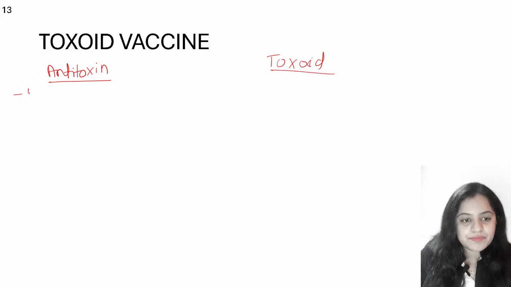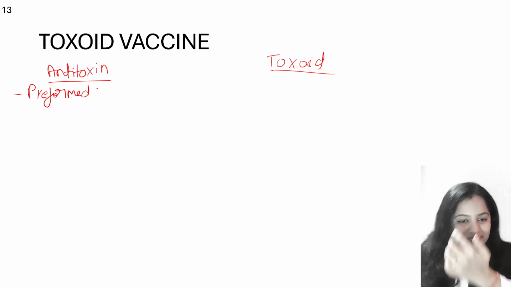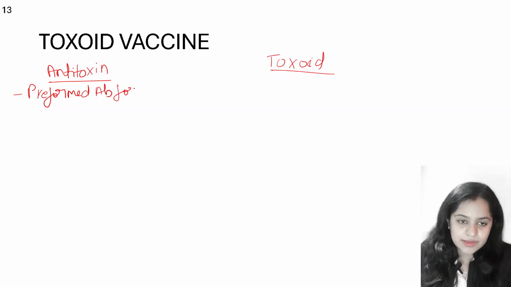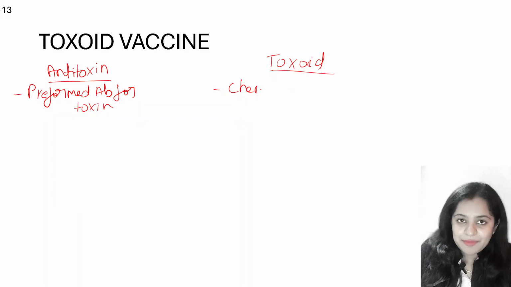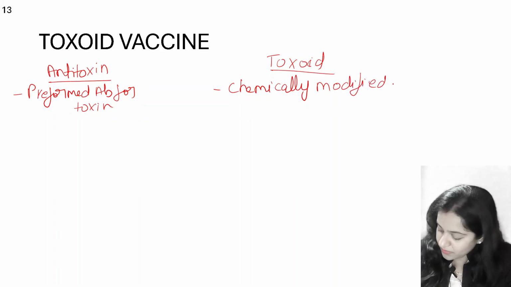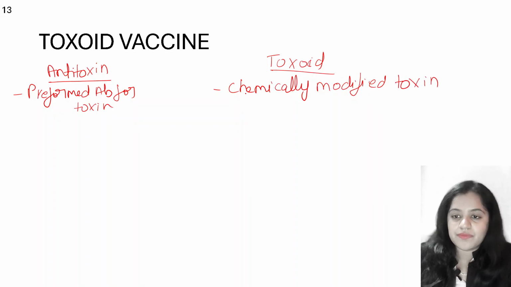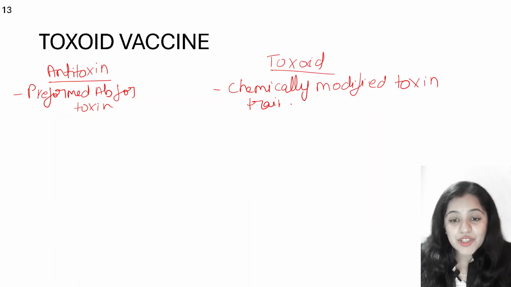Antitoxin is a preformed antibody for your toxin, whereas toxoid is a chemically modified toxin which trains your immune system to produce antibody against the toxin.